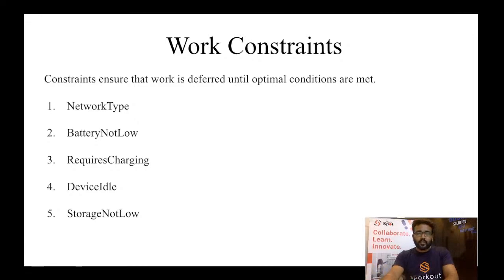To store that set of images on the device, we need to ensure that the device storage is not low, that it has the required storage to save the images in a specific path. So if we set true for this constraint, we ensure that the device storage has the required space to store the set of images. So we can assign this constraint for downloading work and other stuff.